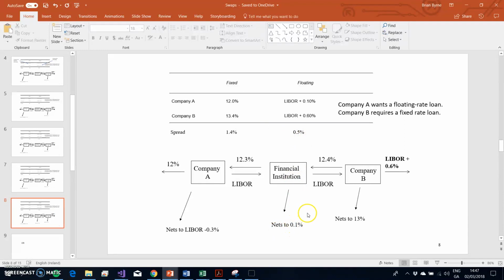So overall what we've done here, we have structured a swap where both counterparties benefit to the tune of 0.4. A does want a floating rate, it gets a floating rate. The floating rate is 0.4 better than the original quote from the bank. And B's position, originally B wants a fixed rate loan.